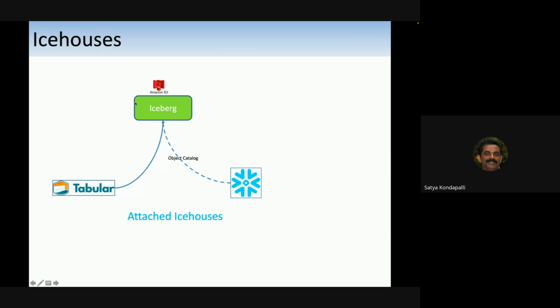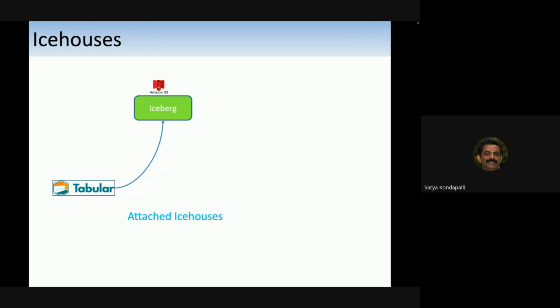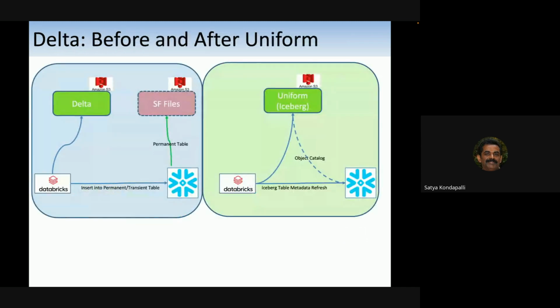Snowflake Iceberg is Icehouse. And Databricks uniform table is Icehouse. So then we are attaching these Icehouses, and now they're called integrated Icehouses, attached houses, some kind of way of expressing a uniform table, Iceberg table with an engine. Right? Engine can be Snowflake. So if you are familiar with Snowflake, Snowflake SQL can work. If you are familiar with Databricks Spark, Databricks Spark can work on it too.